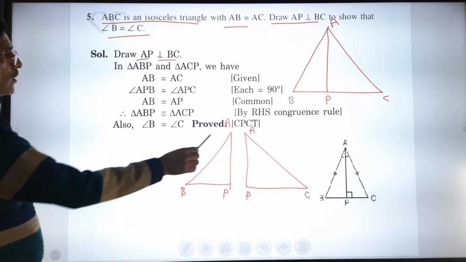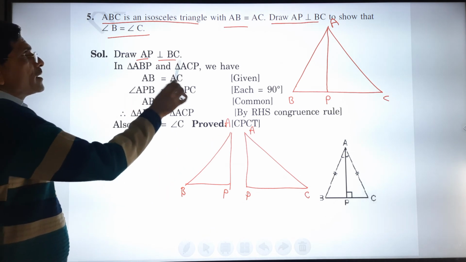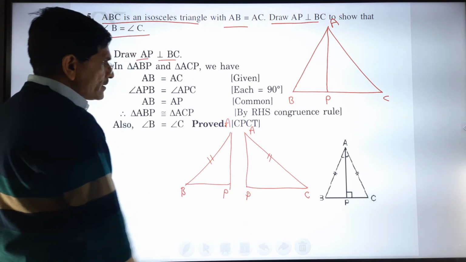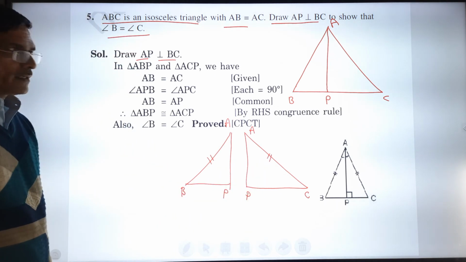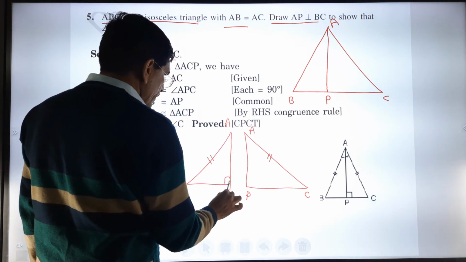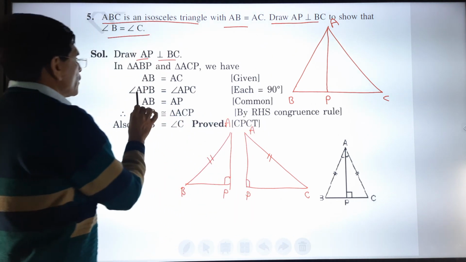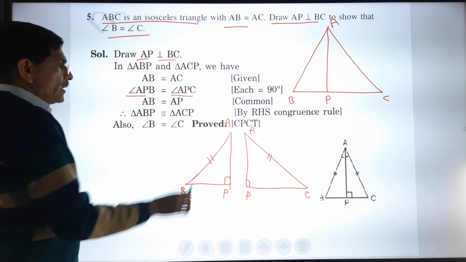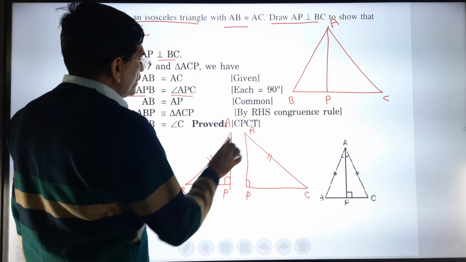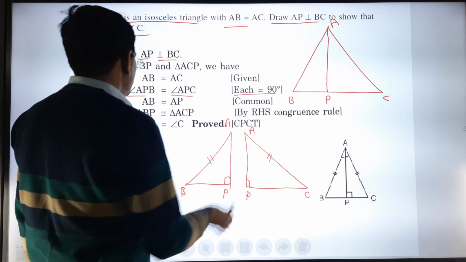Now two triangles I have drawn. Now AB is equal to AC because of the isosceles triangle. Now perpendicular means 90 degree. So angle APB and angle APC are each 90 degree.